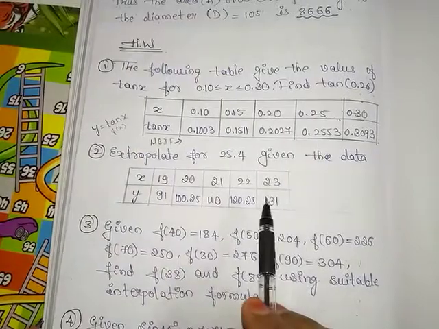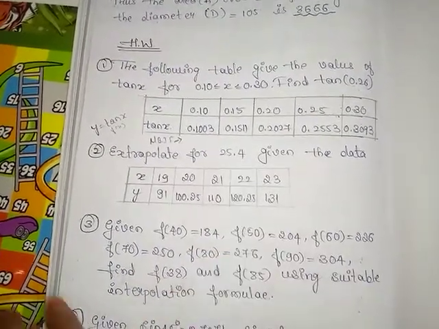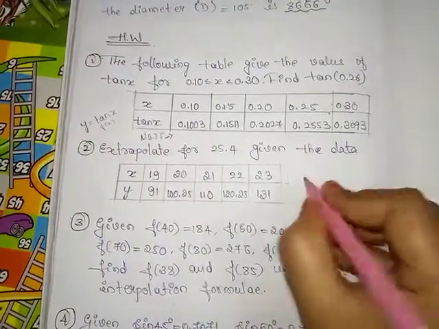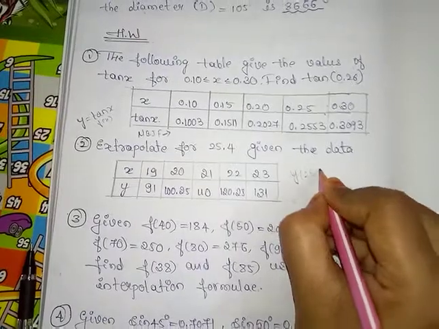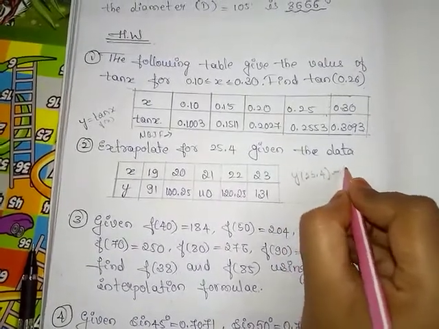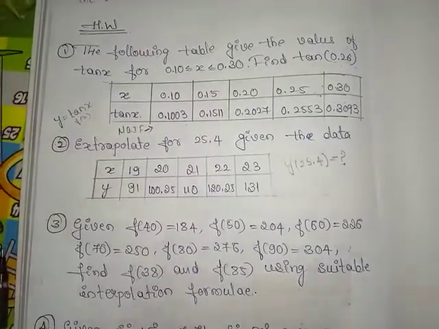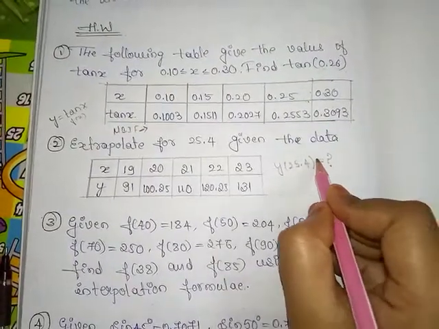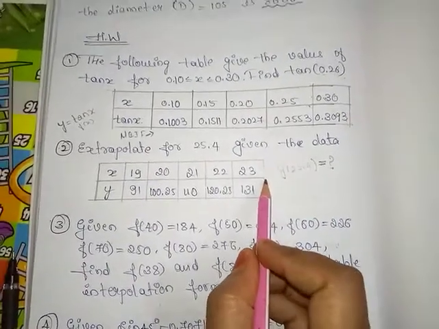Otherwise the procedure is the same to find the value of y at a desired value of 25.4, means you have to find y of 25.4. And see, this 25.4 is also in the second half.